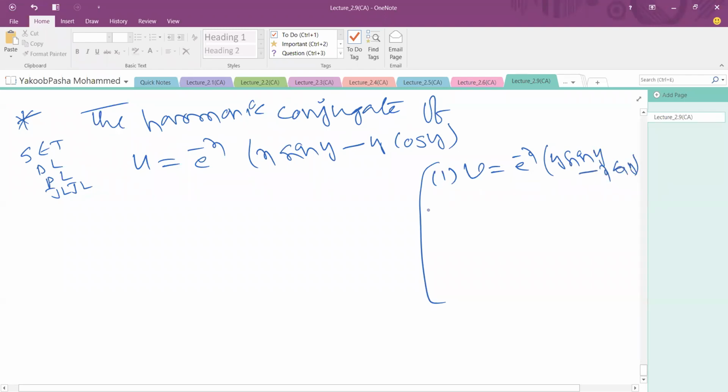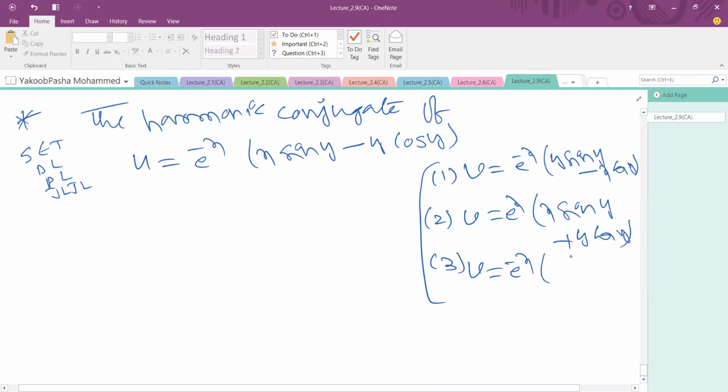Second option, v is equal to e to the power of x into (x sin y plus y cos y). The third option is v is equal to e to the power of minus x (y sin y plus x cos y).